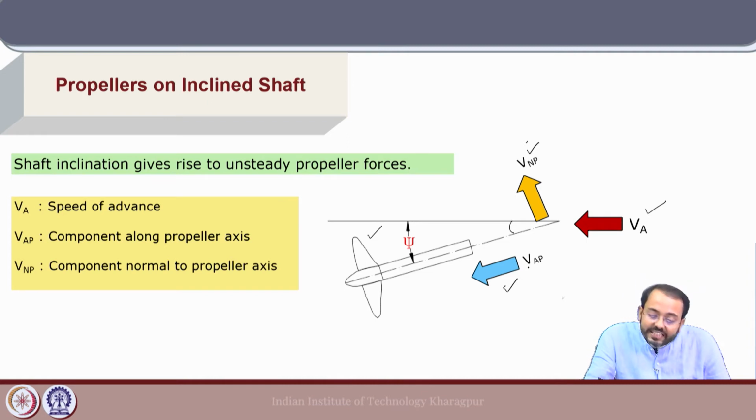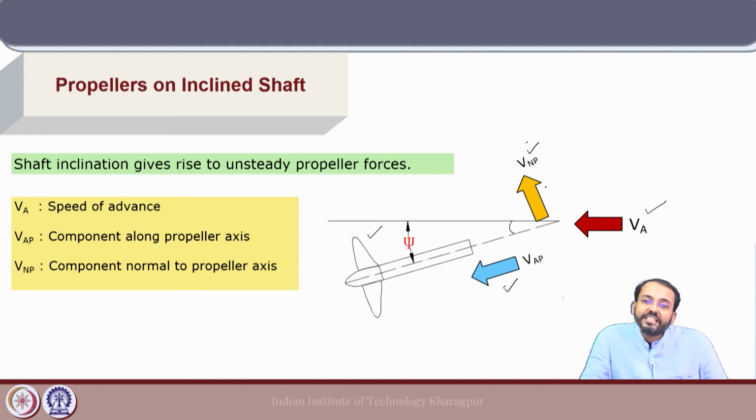And we will see that this VNP, the normal component, will lead to changes in the tangential forces on the propeller blade at different locations and lead to unsteady propeller forces. Now, we already have unsteady propeller forces due to the propeller acting in different regions of circumferentially varying wake.